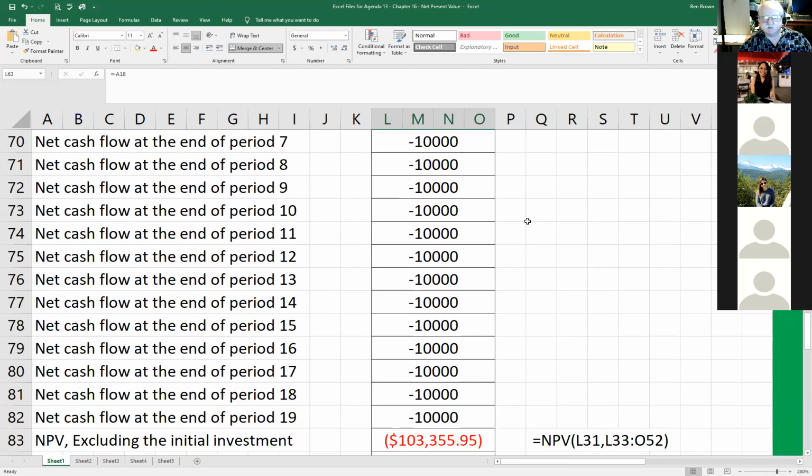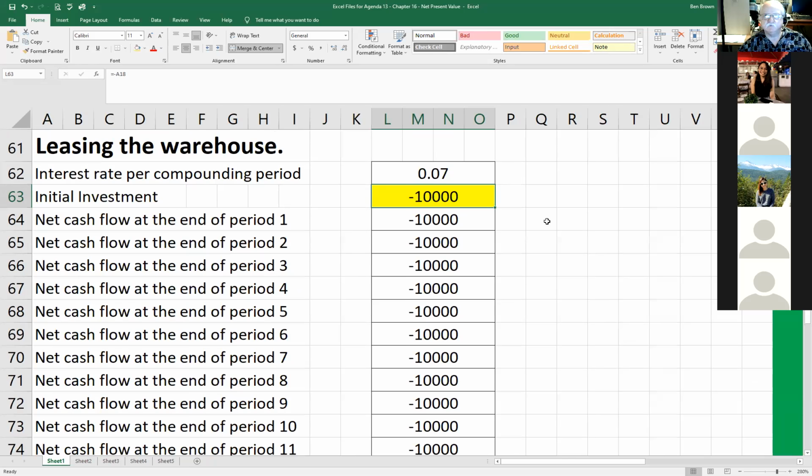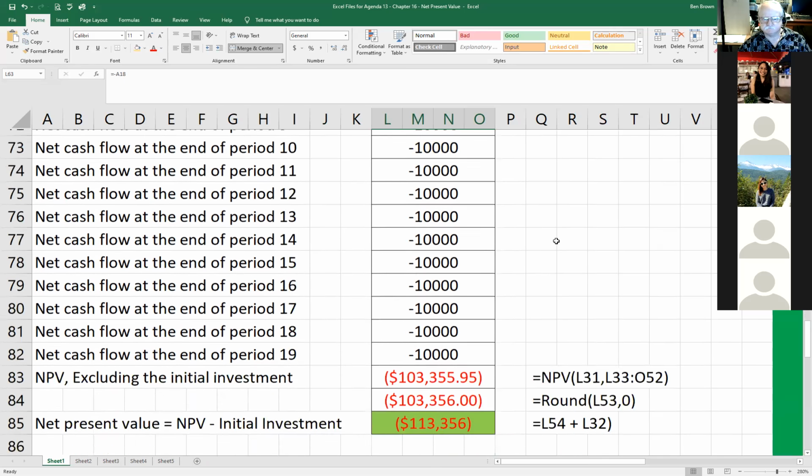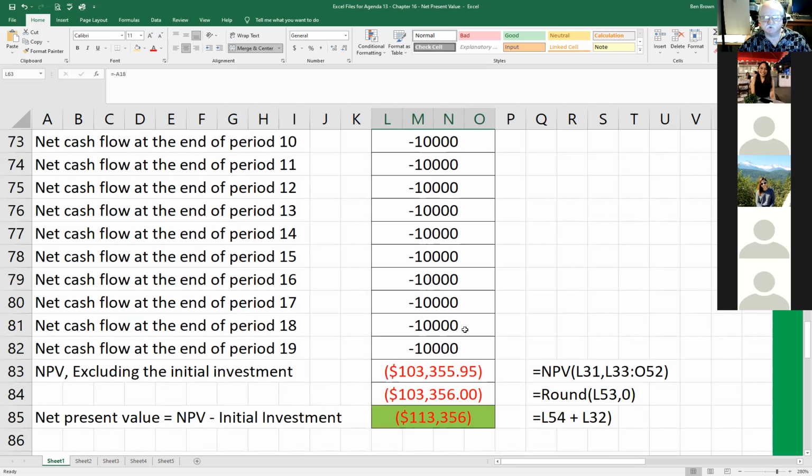But this net present value function in Excel always deals with cash flows at the end of the period. So we've got to say the cash flow at the end of period 1, which is really the beginning of period 2, is a negative 10,000. So we do this for 19 years.